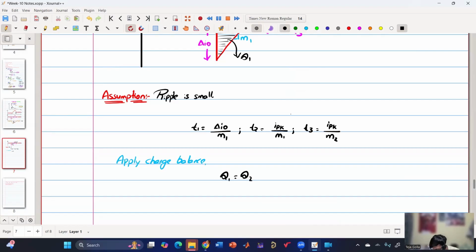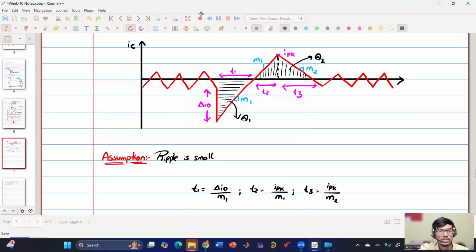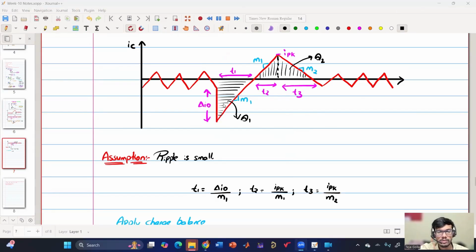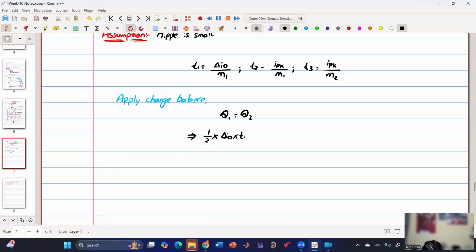Q1 is the area under the curve. Can you calculate what is Q1? The area of that triangle is half base times height. So the value is 1 by 2 into delta I naught into T1.